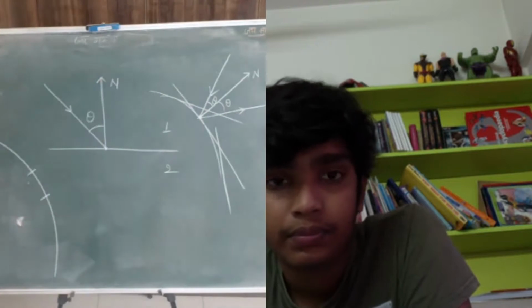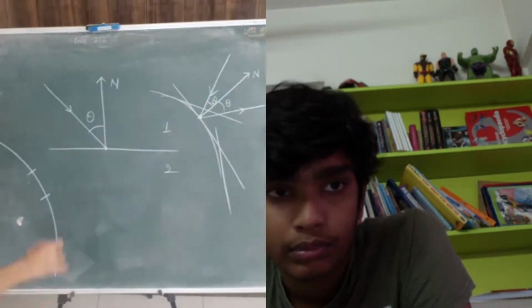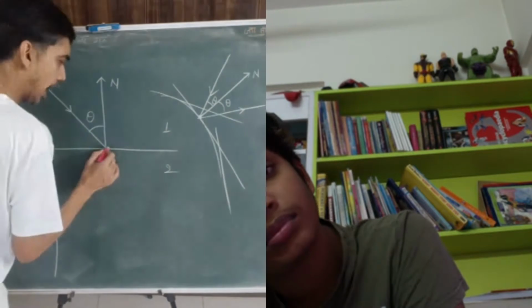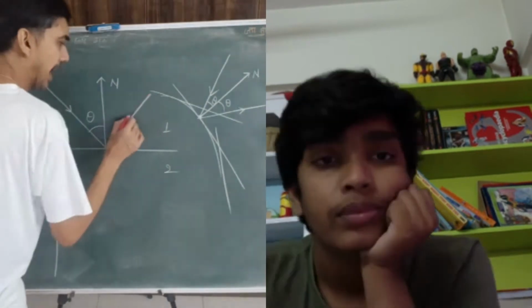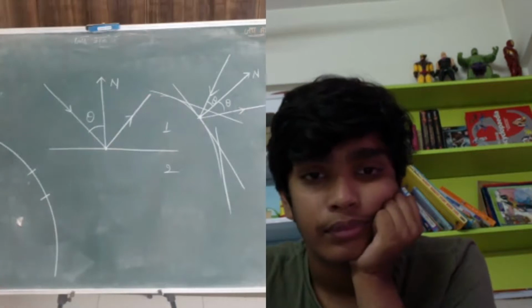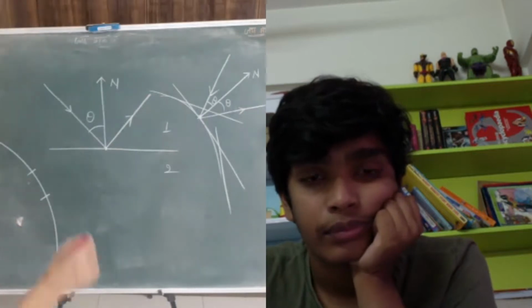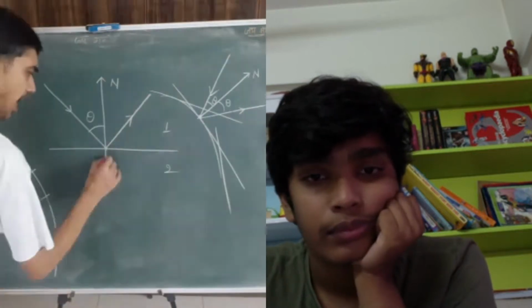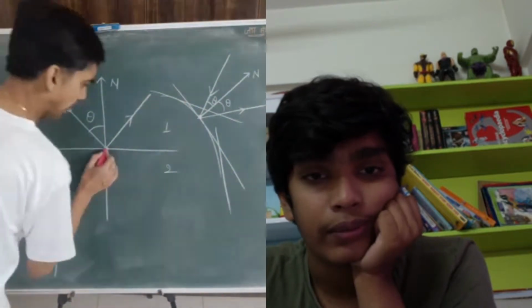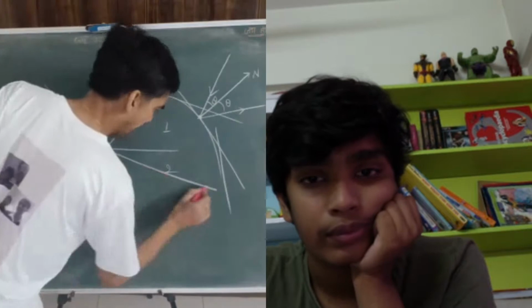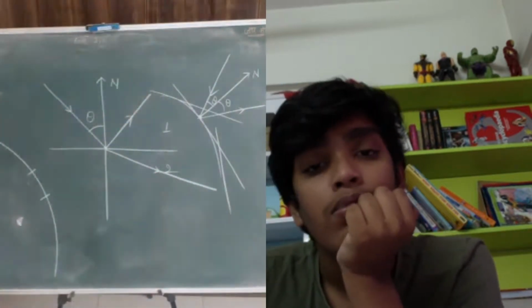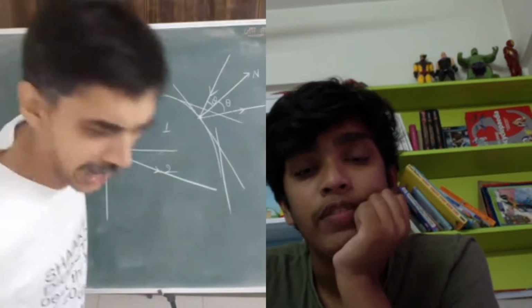Some part of the ray that we have got, a few of them are to get reflected, and the others are to get refracted.